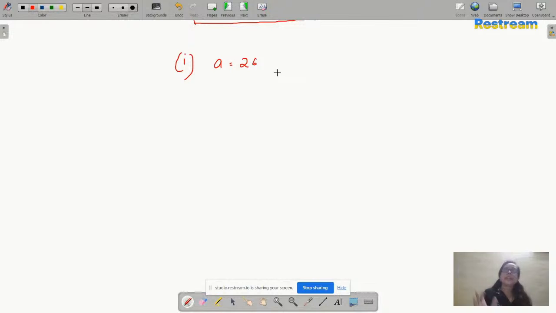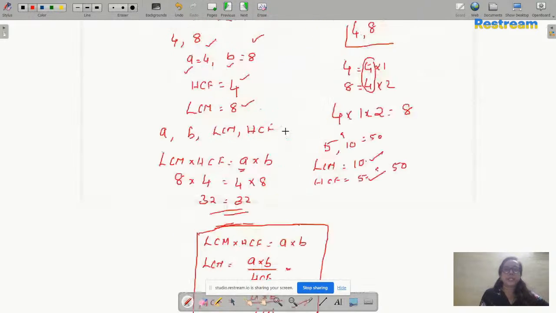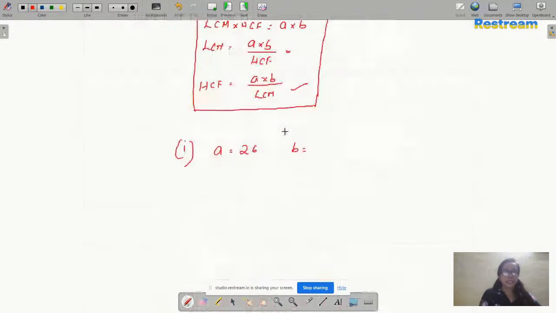A is equal to 26 and B is equal to 91. Okay, B is equal to 91.